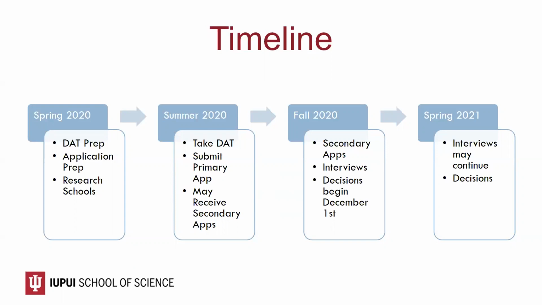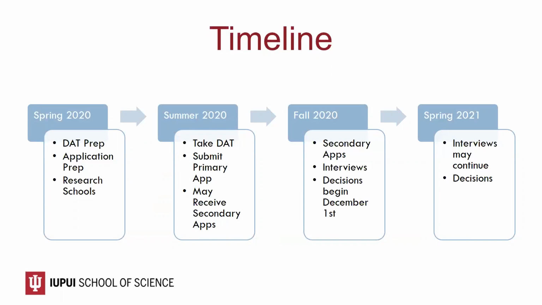As we discuss the secondary process, you'll understand why this can be very time consuming, and hopefully you're receiving most of your secondaries with enough time to be able to complete them and return them prior to starting your fall semester classes. Depending on your timeline, you may continue to receive secondary applications into the fall semester.